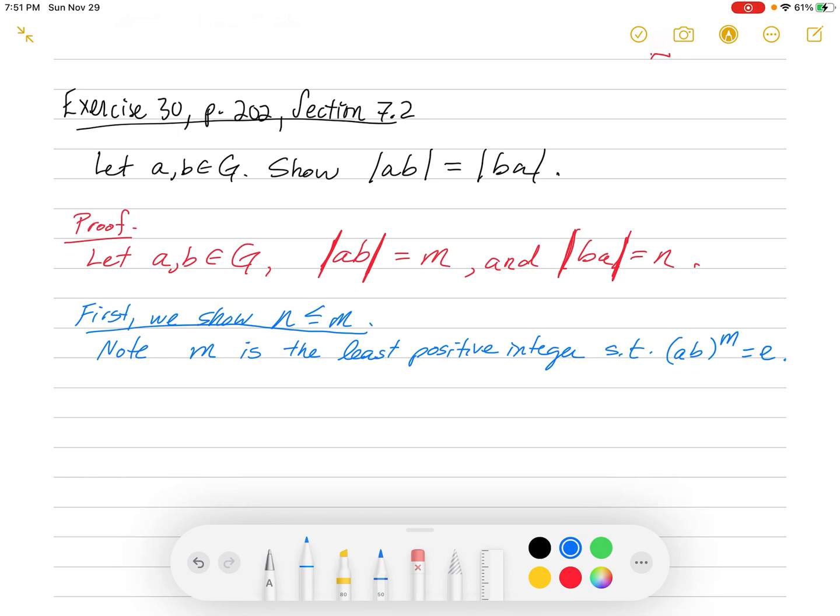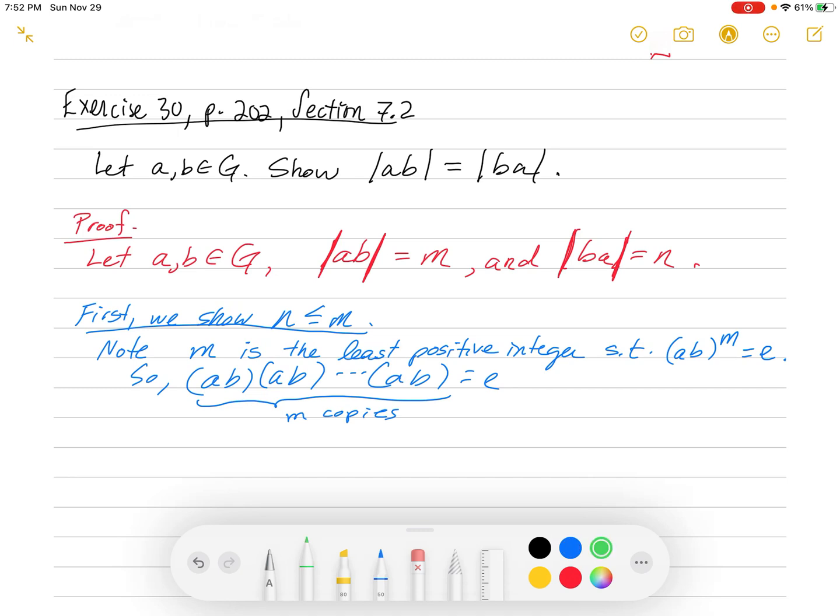That's the definition of the order. The order of AB is the least positive integer such that AB to that power equals the identity, in this case M. Now, what's AB to the M mean? That means you've got AB a bunch of times. That gives you the identity. How many copies of AB? Well, we have M copies.